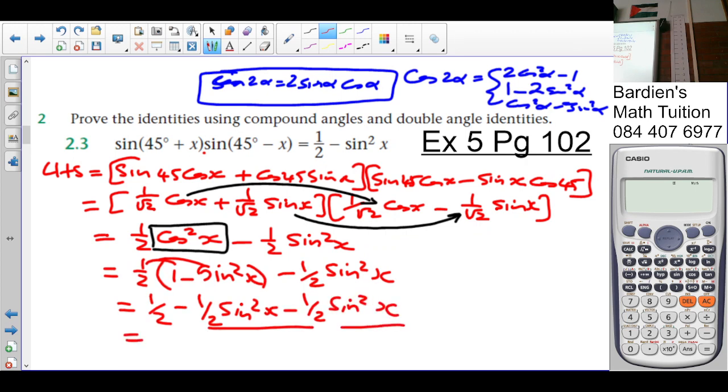And as you can see, you got like terms there. So you will get a half minus half sine squared x, minus sine squared x, which is equal to the right hand side. Something like this is worth 5 or 6 marks. But you guys don't want it.